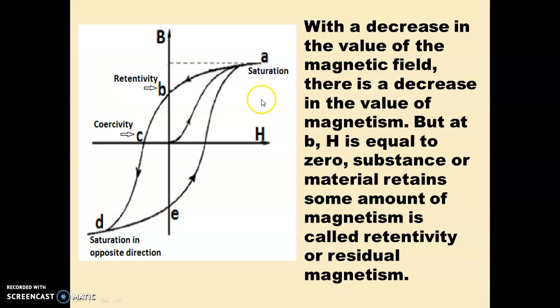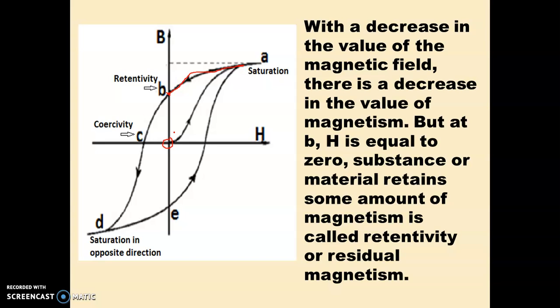Since no increase is there, we decrease the value of the magnetic field. If we decrease it, the magnetism decreases, from A to B. But at the point B, the value of H is 0.